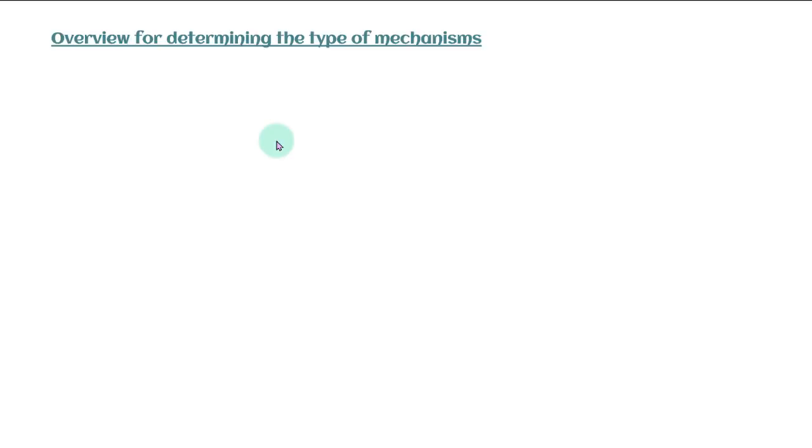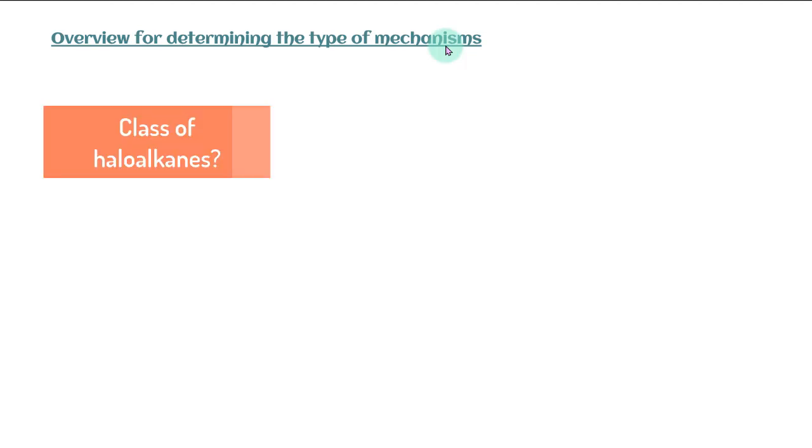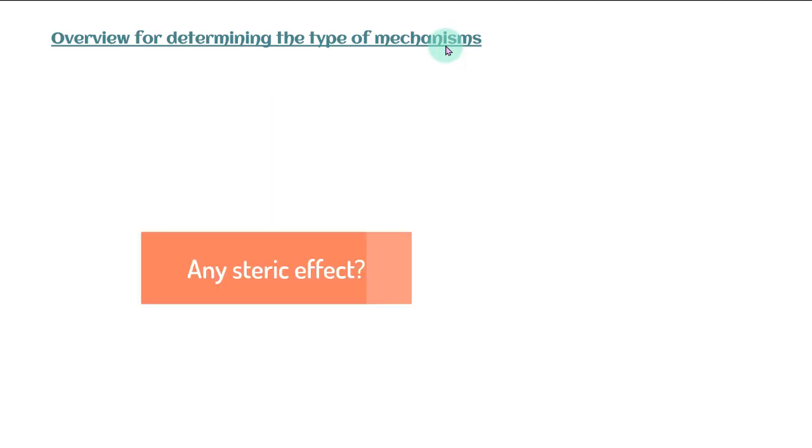After comparing SN1 and SN2, you roughly know the characteristics of both mechanisms, so here is an overview for you to determine the type of mechanism. To determine whether it is an SN1 or SN2 mechanism, you have to think of a few factors. First, what is the class of haloalkane? Is there any steric effect?